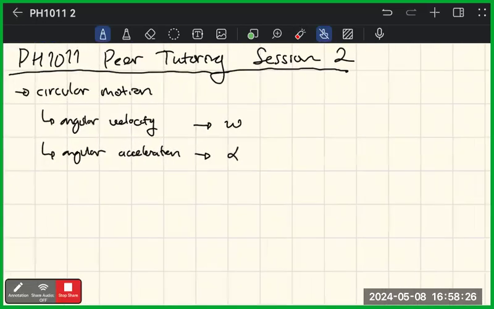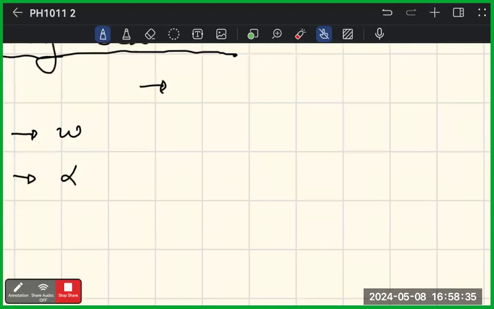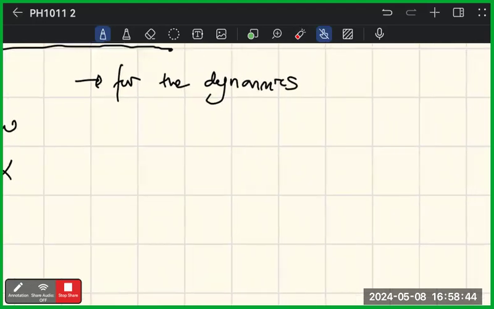For circular motion, mostly the question will be on the dynamics part. What I mean by dynamics is that it involves all of the forces.